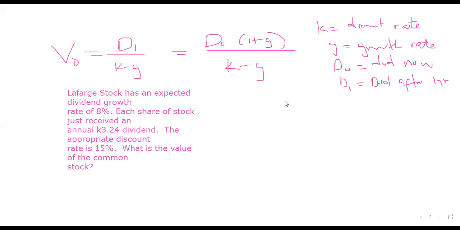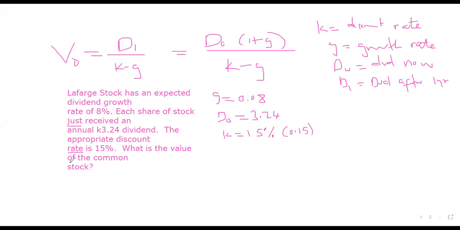So what are we given here? Our G is 8%, or 0.08. And we are told that the share just received, and whenever you see just received, it means D0, a dividend of 3.24. The appropriate discount rate, meaning our K, is 15%, or 0.15.